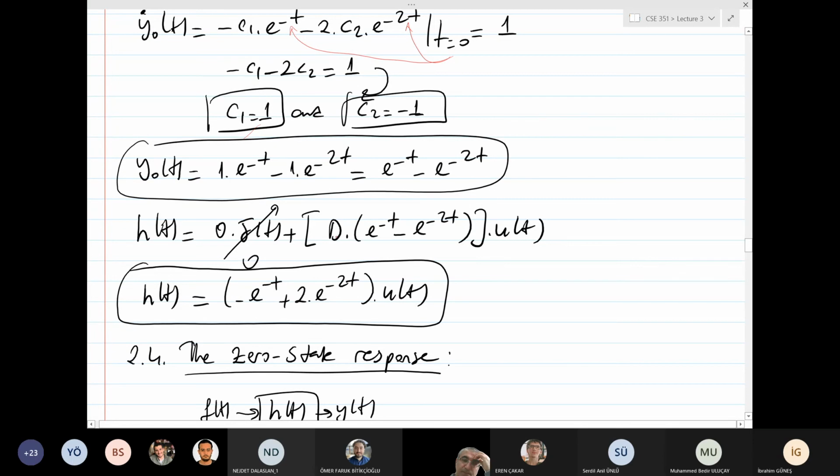So that capital D means differential. We take the derivative of this, which is equal to minus exponential minus t. And if you take the derivative of this, minus 2 comes to here, minus times minus 2 becomes plus 2 exponential minus 2t, times u of t.